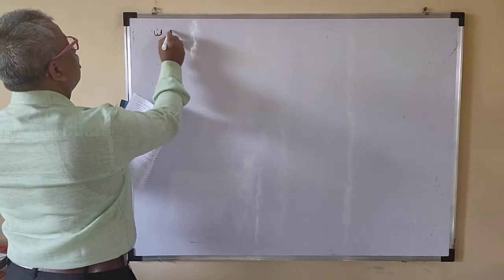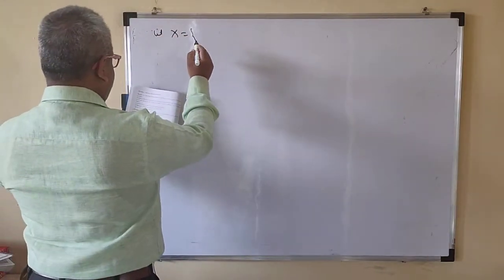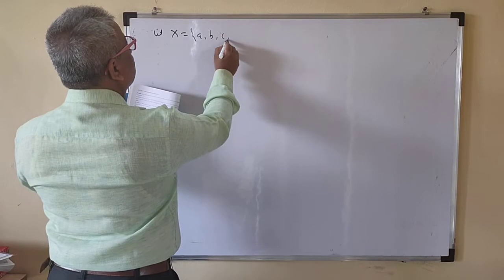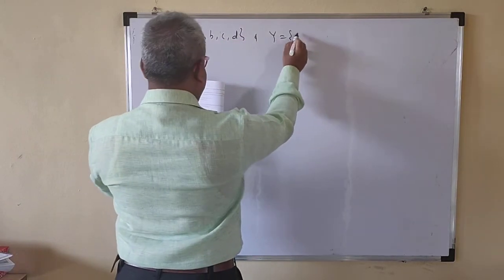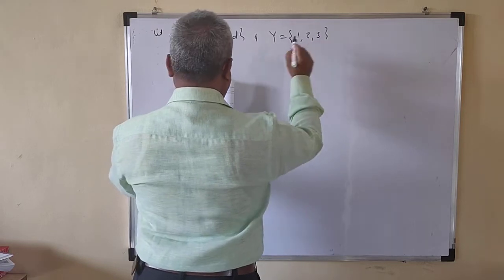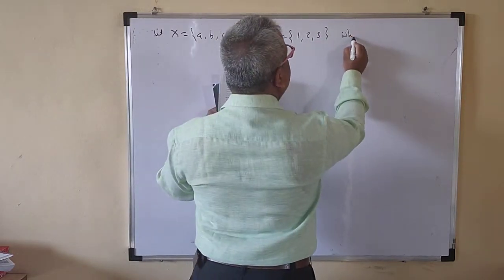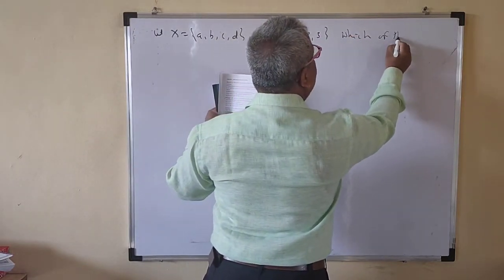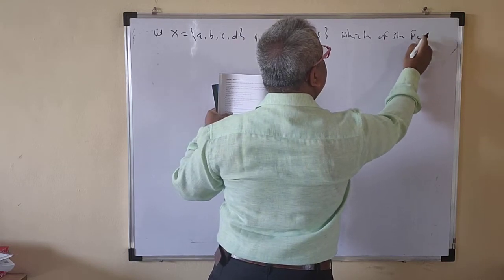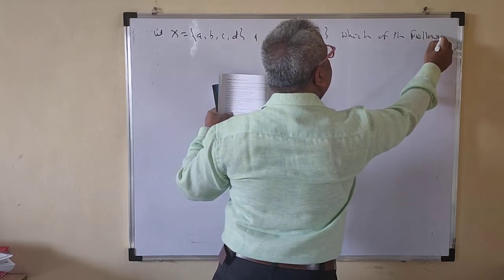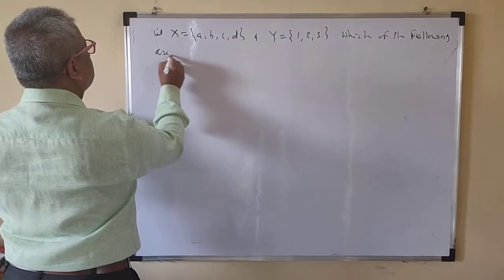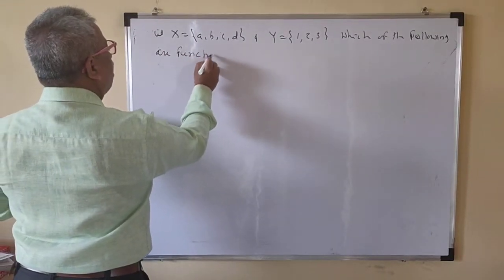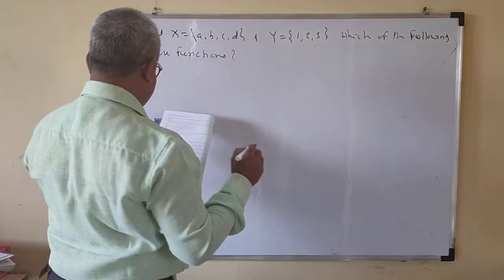Let X be equal to {A, B, C, D} and Y be equal to {1, 2, 3}. Which of the following are functions?